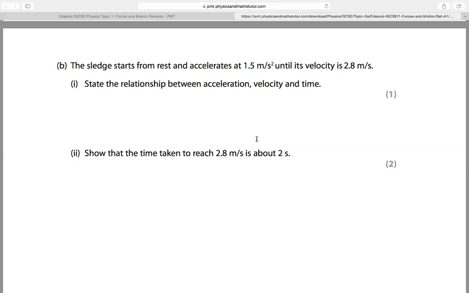No, not quite. So the formula is change in velocity over time, right? Correct. The formula is acceleration equals change in velocity over time.